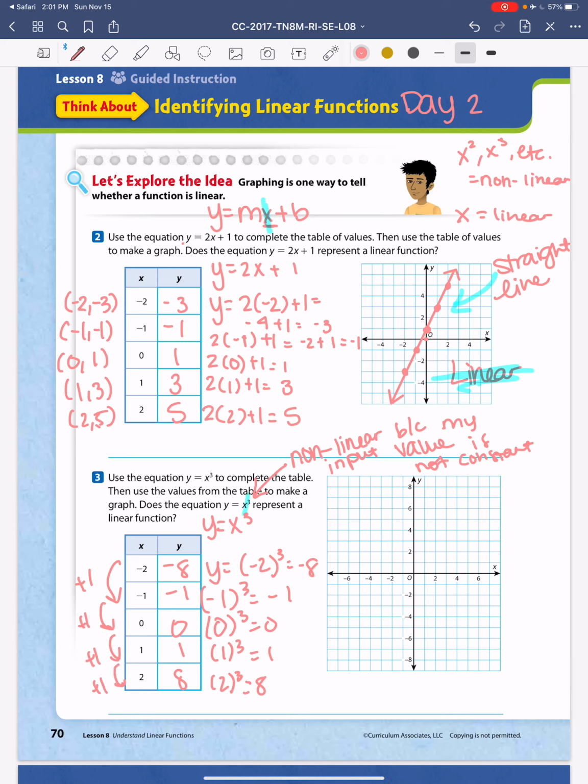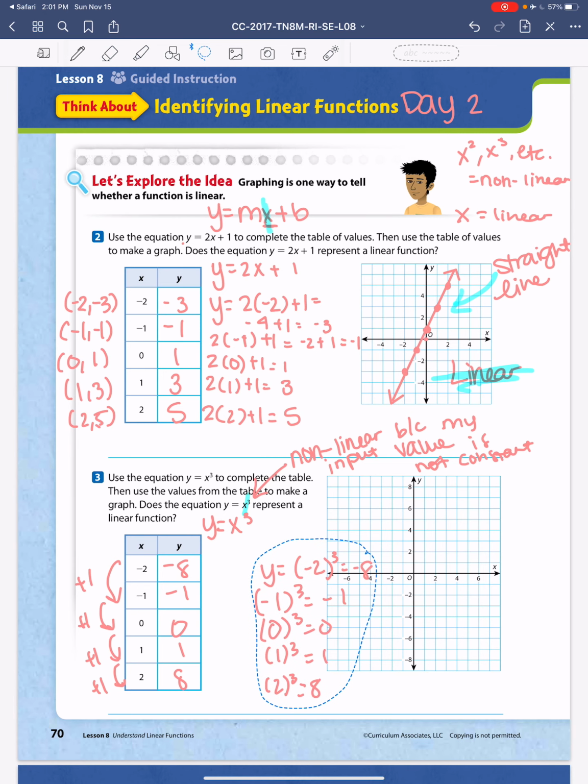But then what ends up happening is if I move this over and make the same type of comparison from one y value to the next, I go from negative 8 to negative 1. I increased it by 7. I go from negative 1 to 0. I increased it by 1. I go from 0 to 1. I increased by 1.